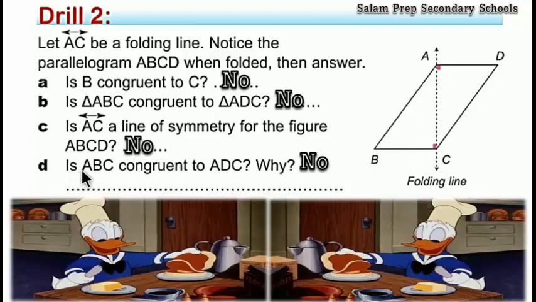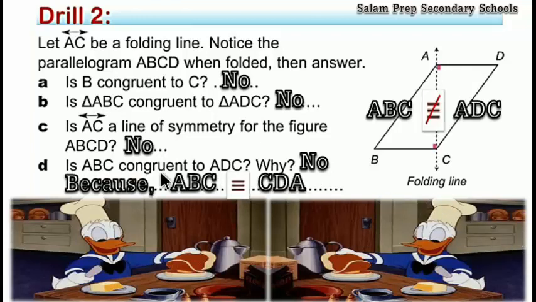Is A, B, C congruent to A, D, C? No. Why? Because A, B, C is not congruent to A, D, C. Pay attention.